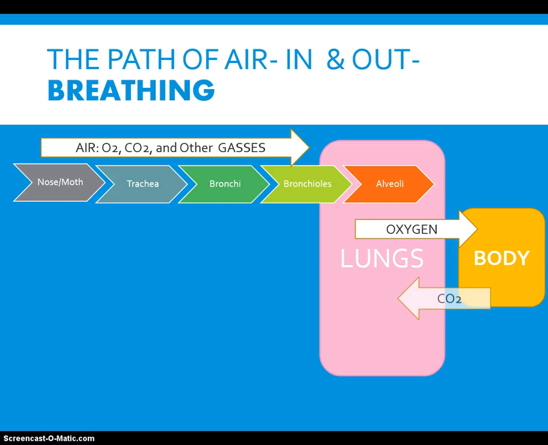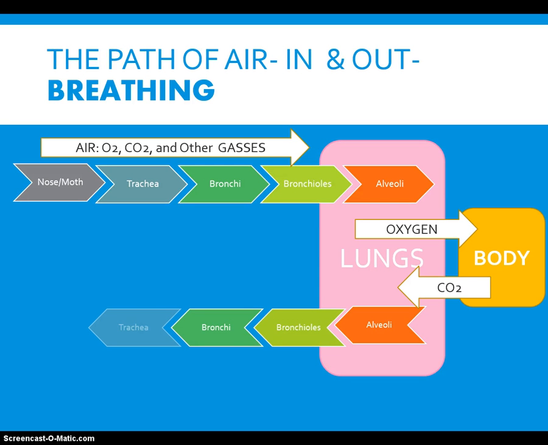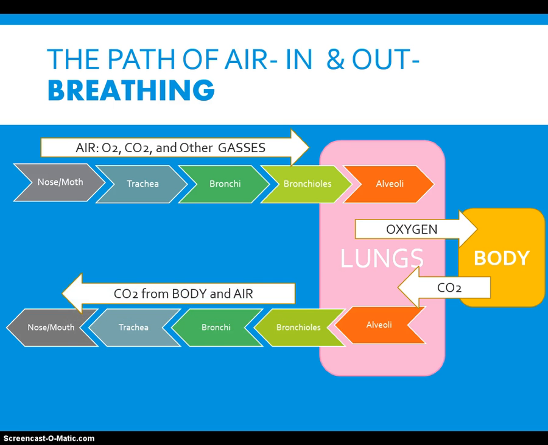The body gets rid of carbon dioxide, CO2, and sends it back out the same way. So the CO2 goes from the body into the alveoli, into the bronchioles, out the bronchi, out the trachea, and out the nose, your mouth. This whole process is breathing. We're bringing oxygen into the body, and we're getting rid of carbon dioxide.